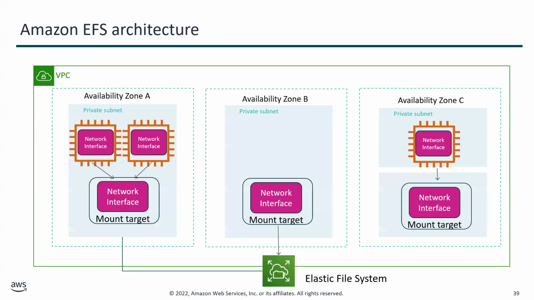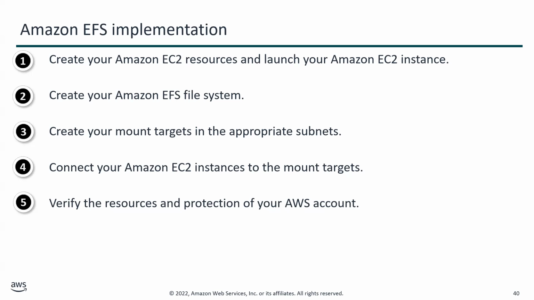So for example, let's say we have availability zone D, one more additional, and we have not created a mount target for that EC2. Even being in the same VPC, it won't be able to access this. The point is to create a mount target for a subnet, and from that subnet, you can access it.